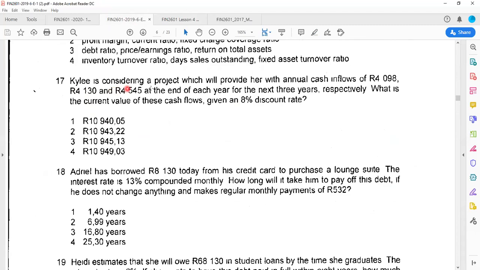We were told Kylie is considering a project which will provide her with annual cash inflows of 4,098, 4,130, and 4,545 at the end of each of the next 3 years respectively. What is the current value of these cash flows given an 8% discount rate?